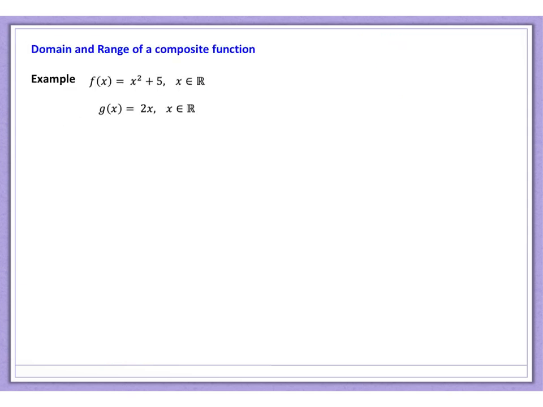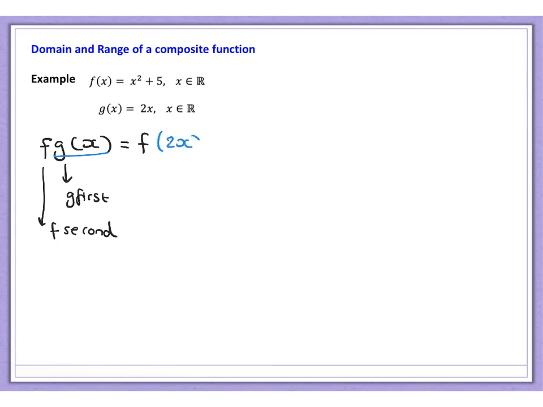So to finish off with one final example, we're going to have a look at a composite function which this time is created as fg of x, which of course means g is being applied first, f is being applied second. So this tells us we have f of g of x, which means we're applying f to 2x.